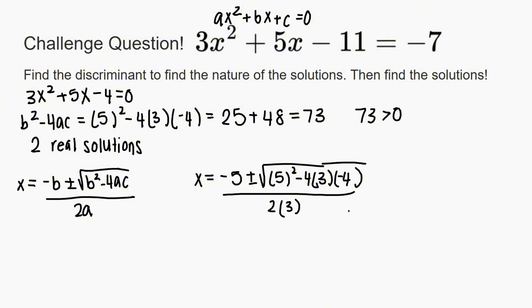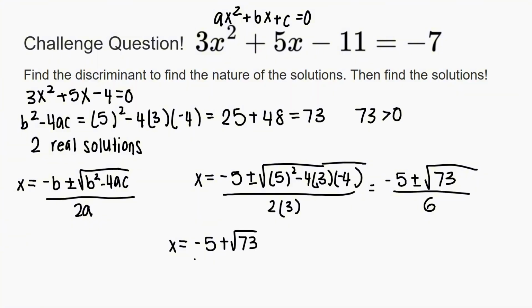This gives us negative 5 plus or minus the square root of b squared minus 4ac, which we already found to be 73, divided by 6. So we know our two solutions are x equals negative 5 plus the square root of 73 divided by 6, and x equals negative 5 minus the square root of 73 divided by 6.